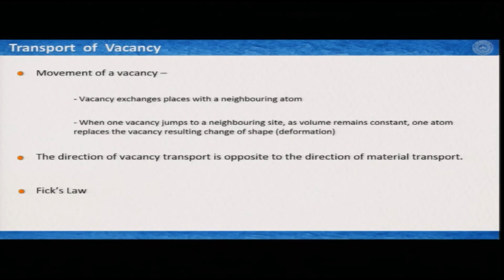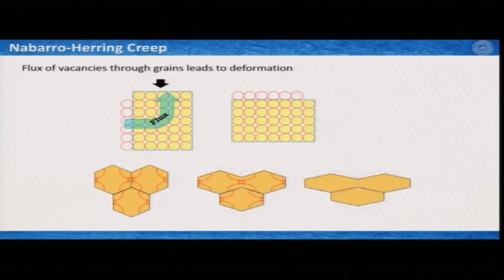Now, we will have a look at the two different processes that we have learnt, one is Nabarro-Herring creep and another is Coble creep. As we have classified, in Nabarro-Herring creep, flux of vacancies happens through the grains, and that leads to the deformation. You can see here this is a grain with yellow atoms inside, and outside there are some white vacancies.